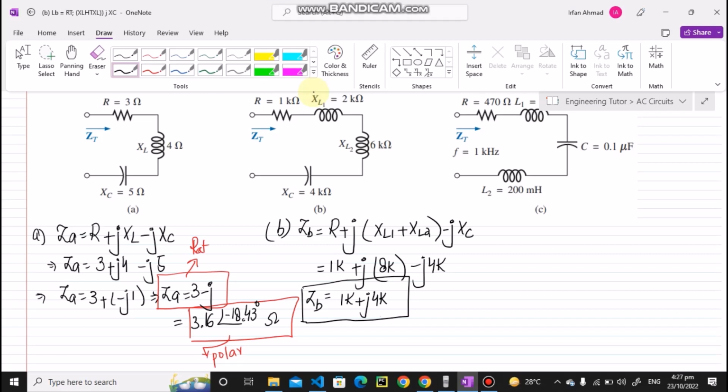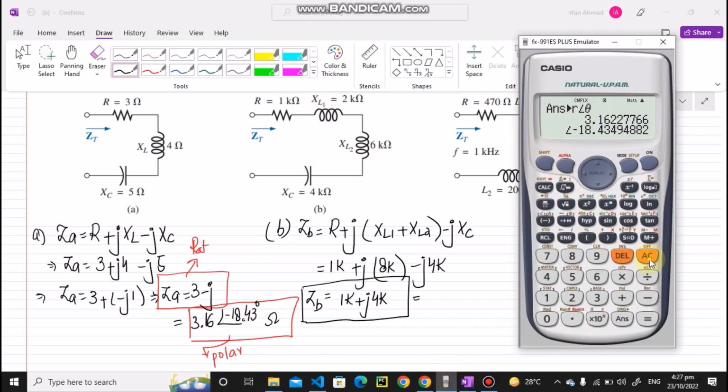Similarly, in order to convert it into the polar form, let me go back here again and write 1000 plus 4000 j.